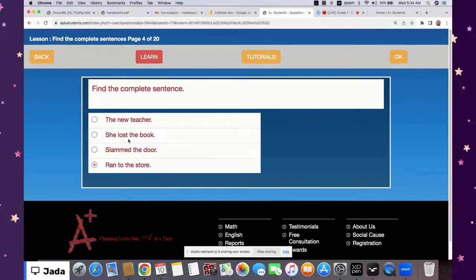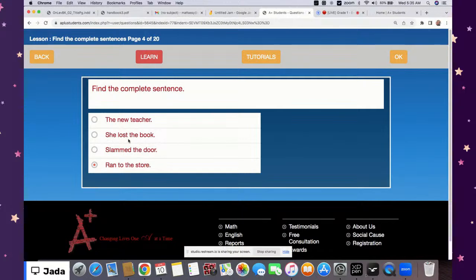The new teacher, no. The new teacher is not complete. So what happened to the new teacher? You have no idea. The new teacher what? You just said the new teacher. So you need to look for the one that is complete. The new teacher is incomplete.